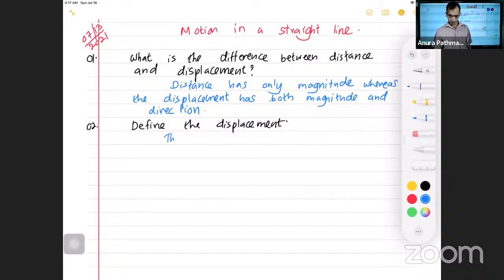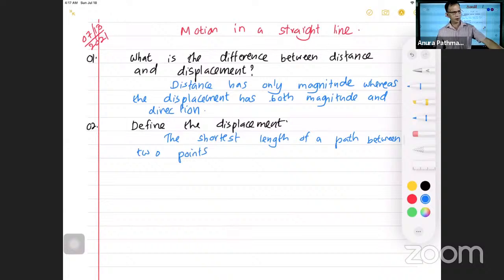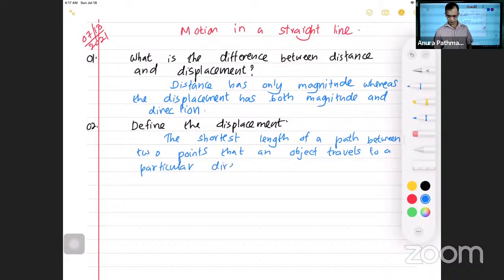The shortest length of a path between 2 points that an object travels in a particular direction.